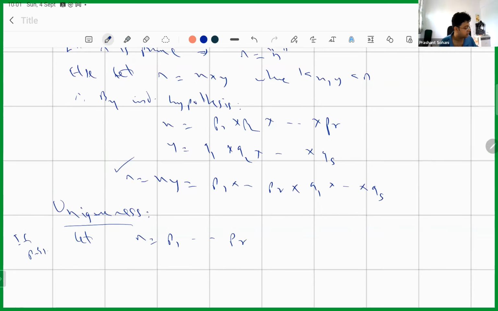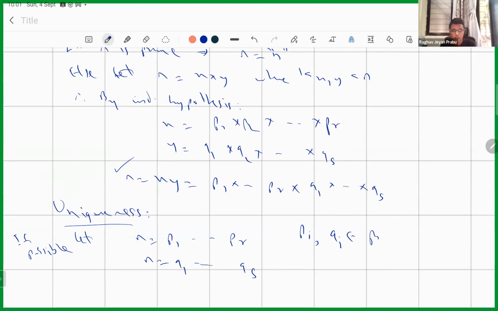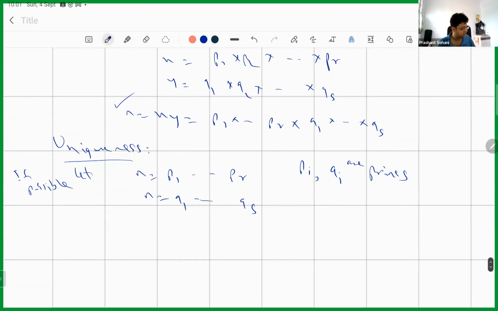If possible, let n be written as p1 into pr and q1 into qs, where pi and qj are both prime numbers. So now we know that p1 divides q1, q2 all the way to qs. So by Euclid's lemma, p1 divides one of q1, q2 all the way to qs.